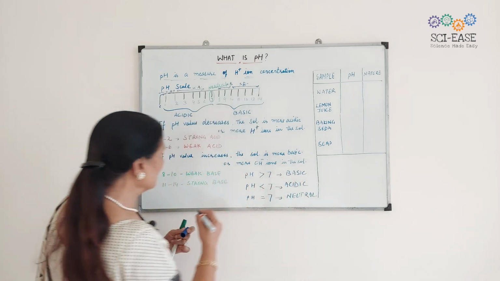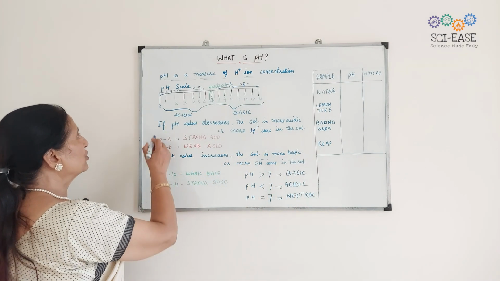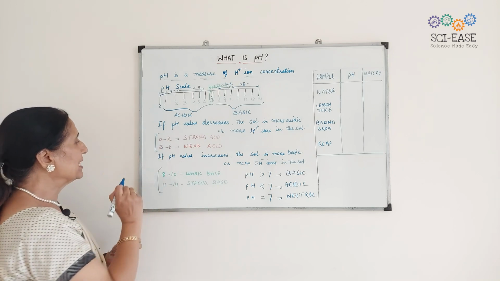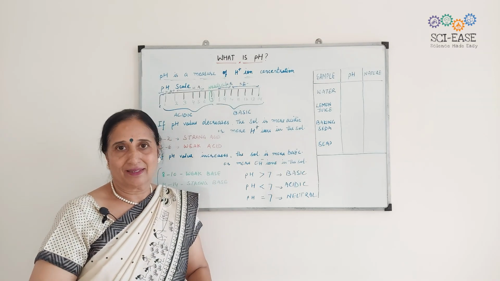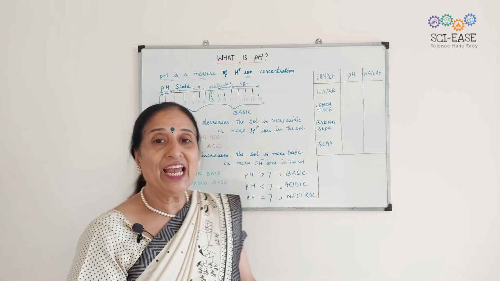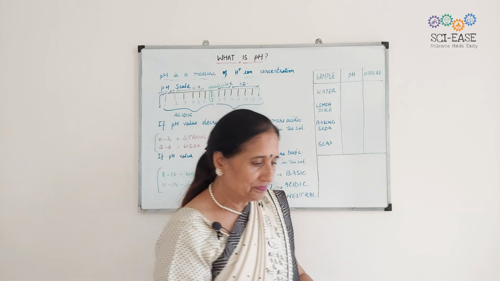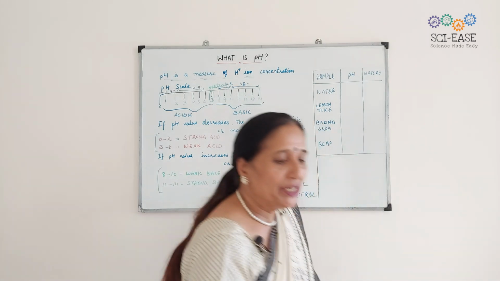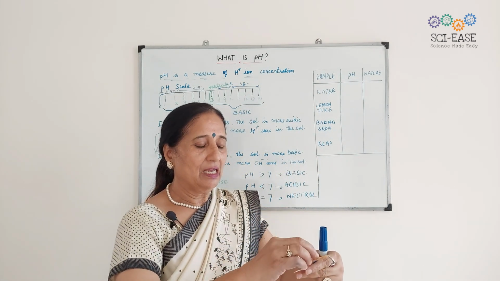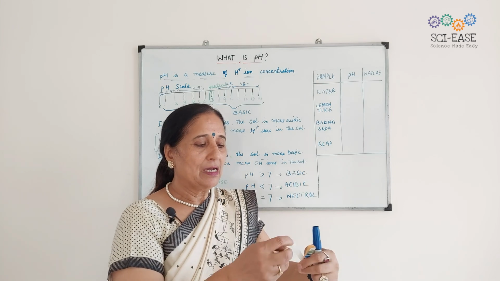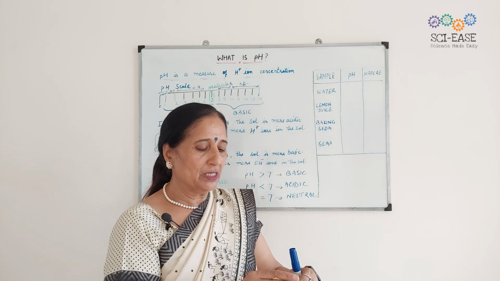So I think the things are clear to all of you. You must remember the range for the strong acids and weak acids, and weak bases and strong bases. Now, I have some solutions with me. By using this pH paper, I want 4 pH papers.